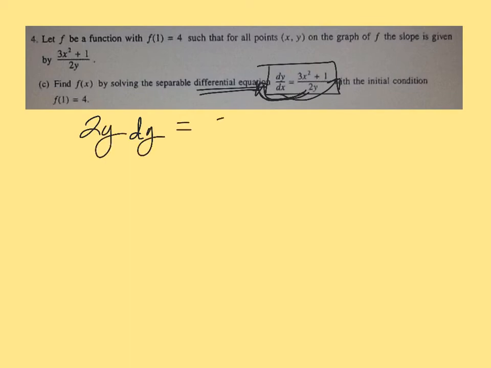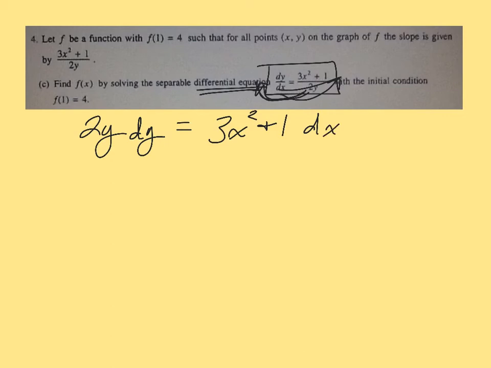Part C now is solving the differential. We're going to solve this differential equation. Okay, so we're going to set that up. So remember, when we solve a differential, we need all the y's on one side, all the x's on the other side. So when I move my y over and cross multiply, I get 2y dy, and then I have 3x squared plus 1, and I'm cross multiplying dx.